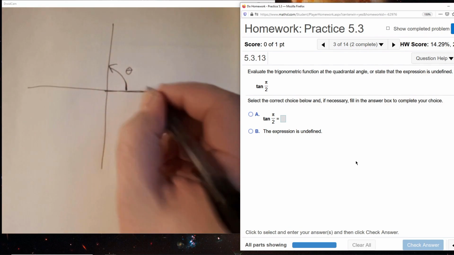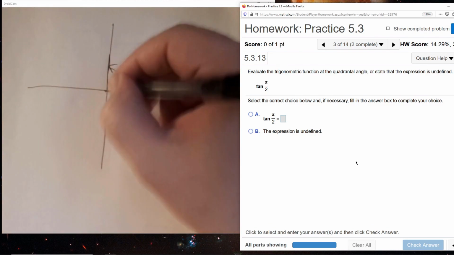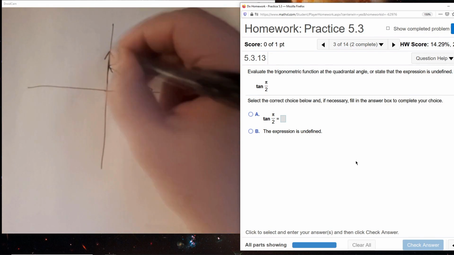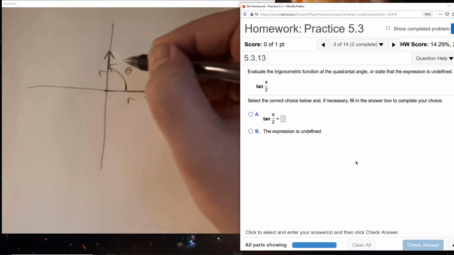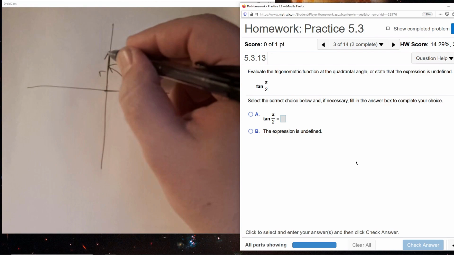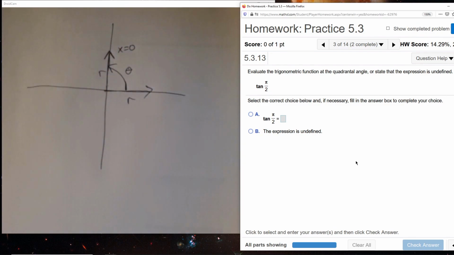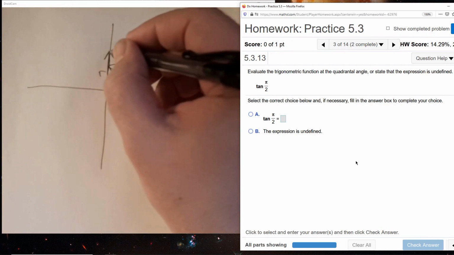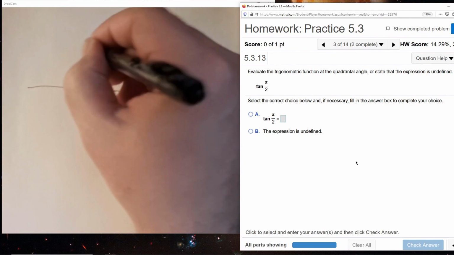So our arrow starts in this position and rotates, and now it's up here. Now notice the arrow now, there's no x position here. It's all in the y. And so y equals r.